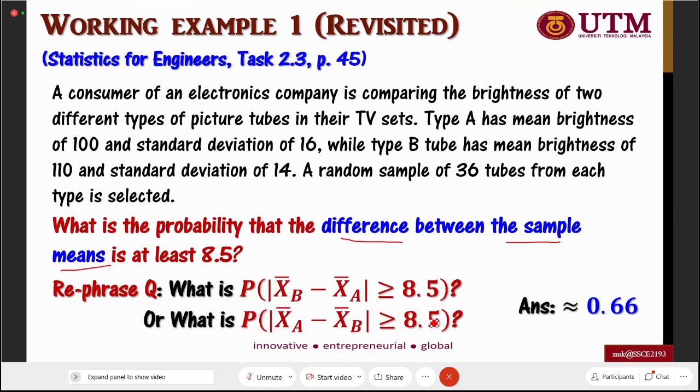So we finished this topic. Hopefully you should be able to write down the distribution of a difference and use that distribution to solve probabilities related to the variable that represents the difference between two sample means.